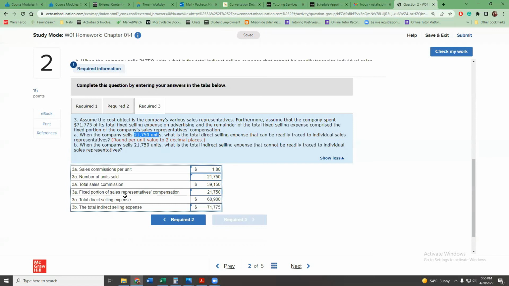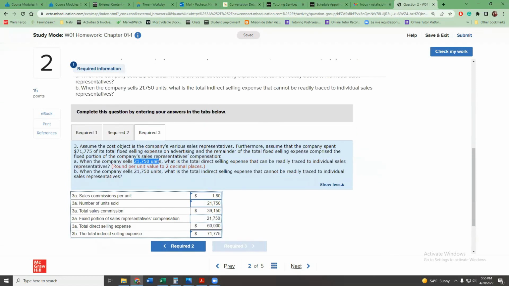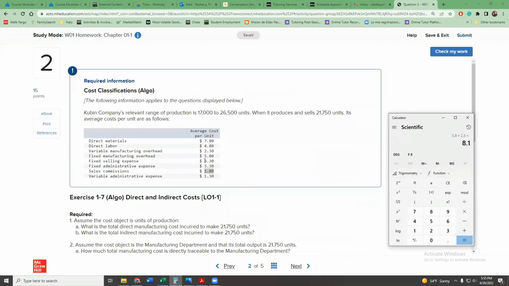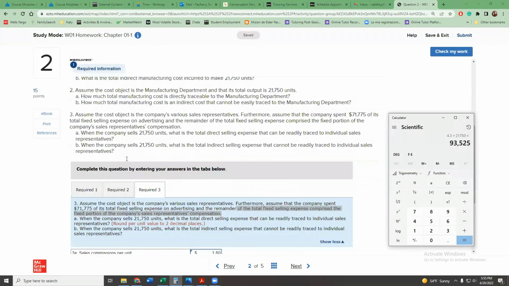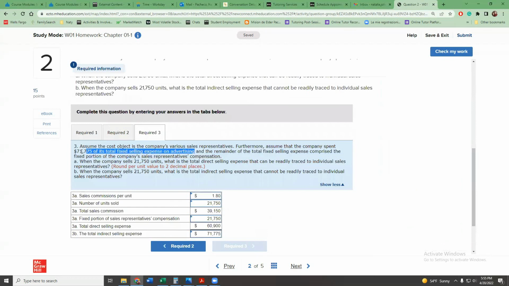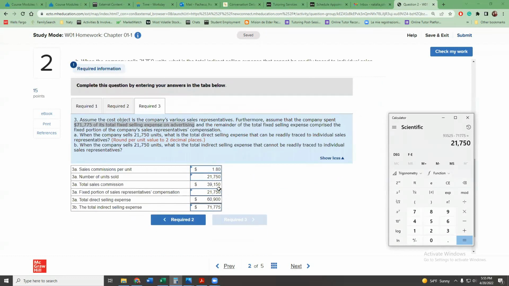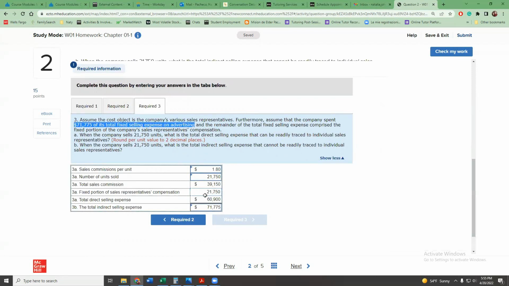The fixed portion of sales representative compensation is this part right here. So what we have to do is get the total fixed expenses, so 430 times 21,750. And then we're going to subtract the advertising portion, which is 71,775. Okay, so this 21,750 is what they spent in compensation right here.